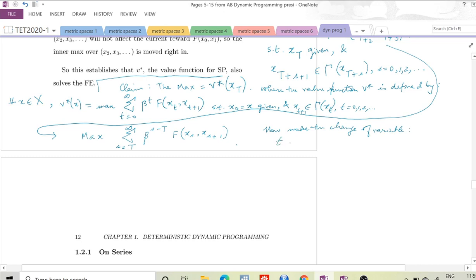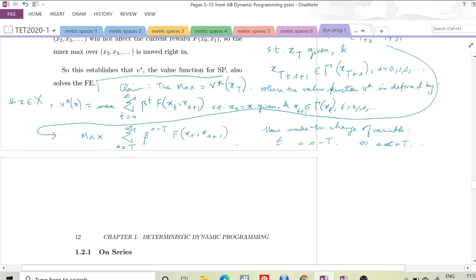Let small t be equal to s minus capital T, okay? And this will also mean that small s is equal to t plus capital T, okay?